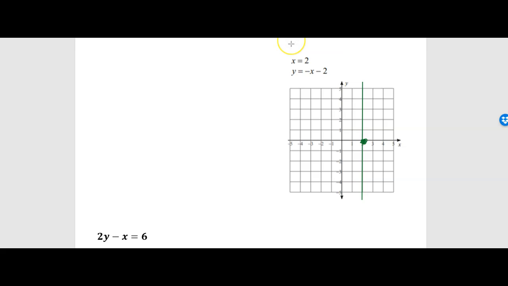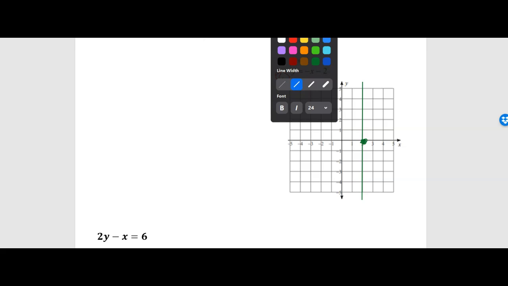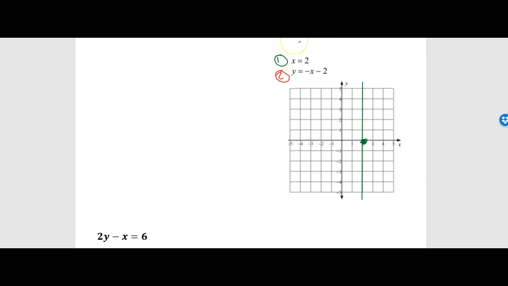The second one, we'll do that one in red. Y-intercept is -2. Slope is -1. So I'm traveling down 1 and to the right 1. My second line looks like this.